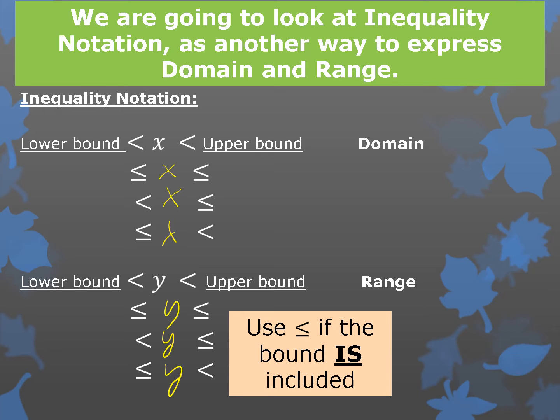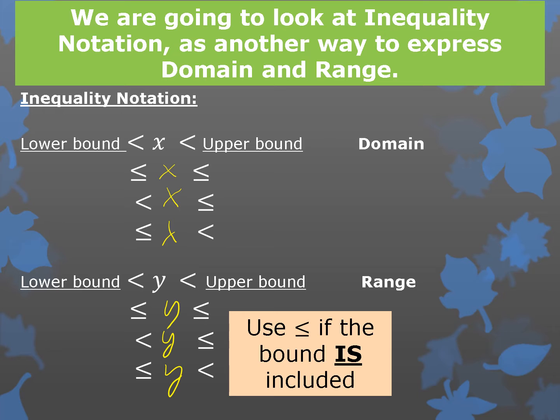Now, you're going to use the less than or equal to symbol if the bound is included. For example, think about how we just finished absolute values. We had a bracket around 0 for the range because that meant we could actually touch 0 on our graph. It was a touchable piece of the graph.